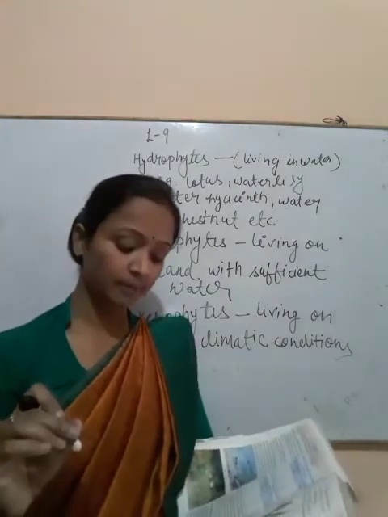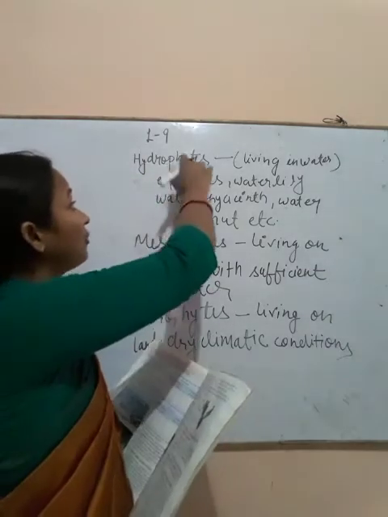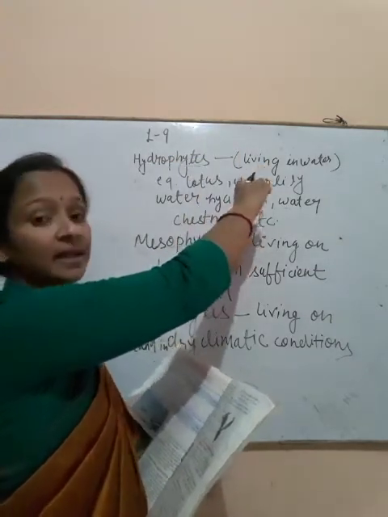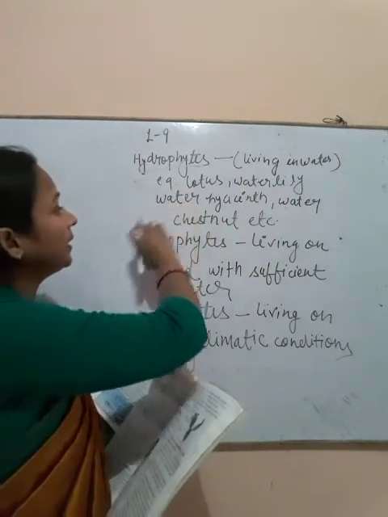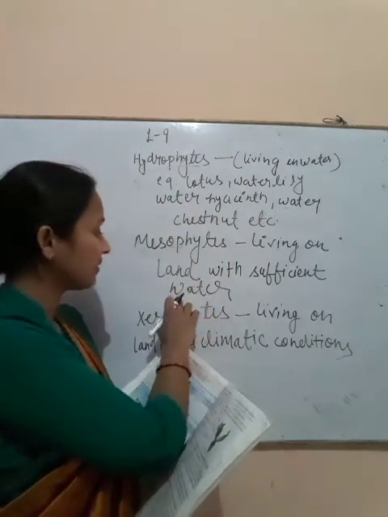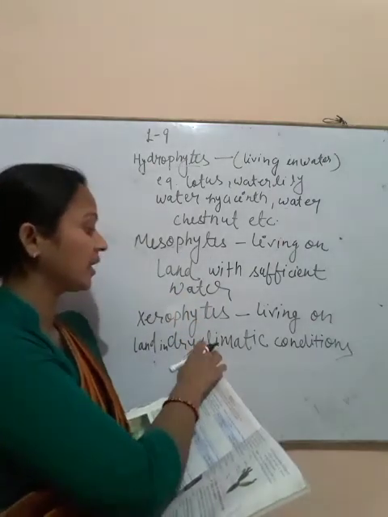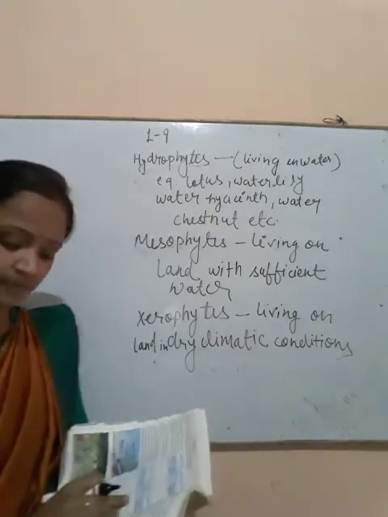Types of plants on the basis of habitat. Hydrophytes means living in water, mesophytes means living on land with sufficient water, and xerophytes means living on land in dry climatic conditions.